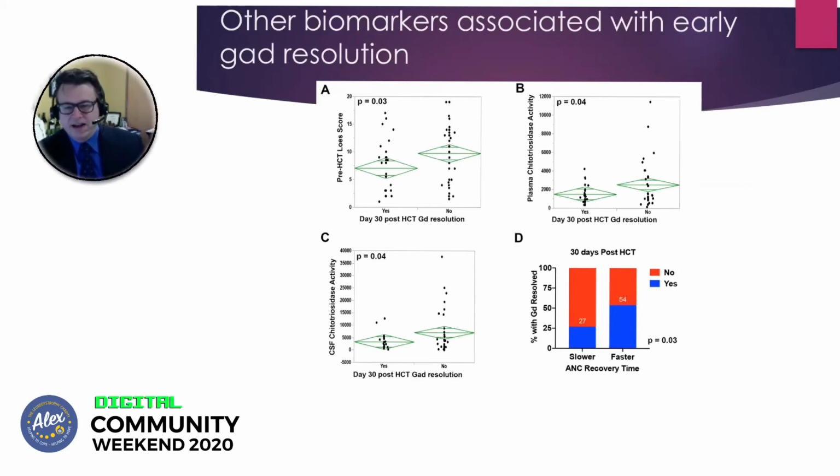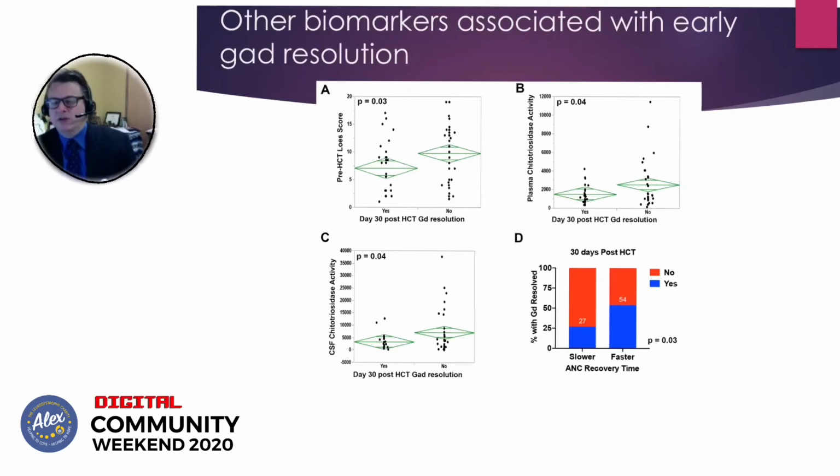And did their gadolinium resolve? On the right side of the graph, you can see in the yes column, the boys that recovered their immune system faster had a greater likelihood of getting rid of the gadolinium by 30 days post-transplant, as shown by the blue bar, which is greater than the boys who had a very slow immune system recovery. They were not as likely to have gadolinium resolution early post-transplant.